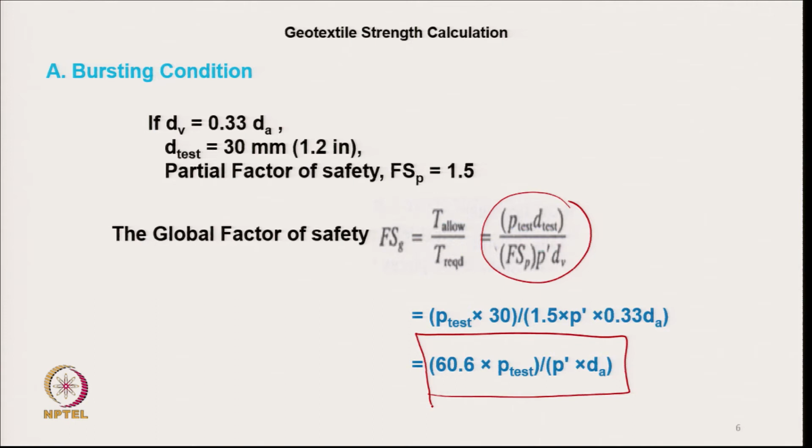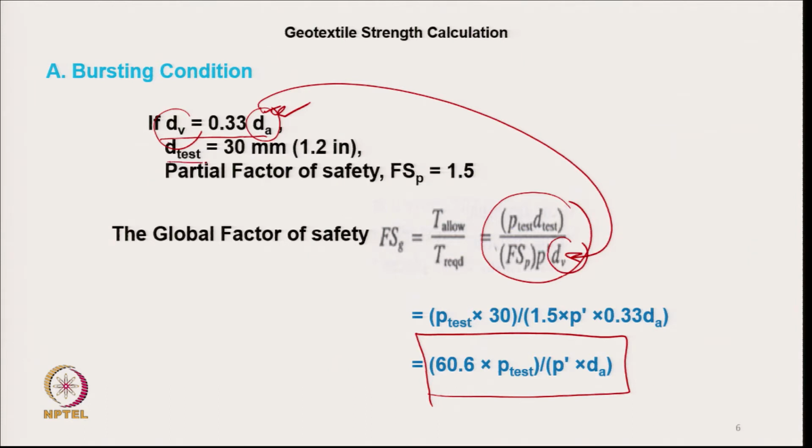If we make some assumptions here, void diameter equals 0.33 times the average diameter of stone, which we can measure, dA. So, with the assumption that it is 0.33 times the diameter of stone, we can get the void diameter. So, this void dV we can replace here.